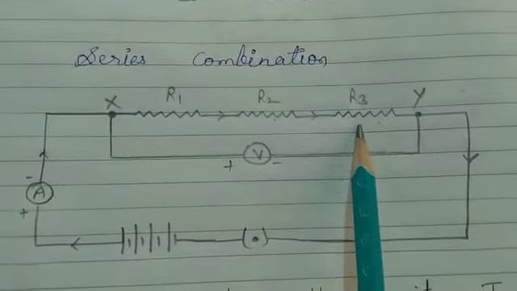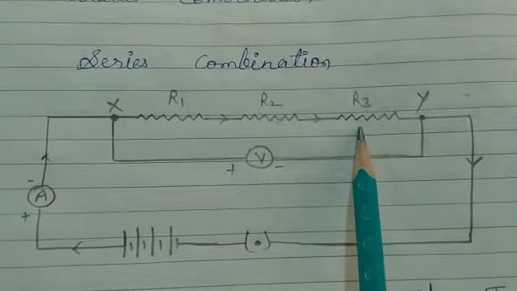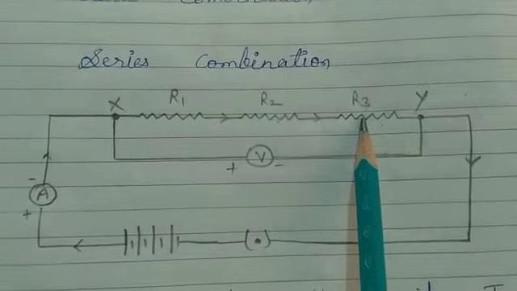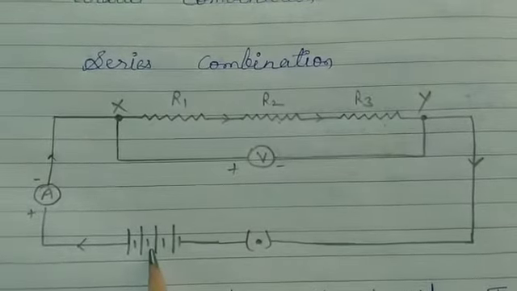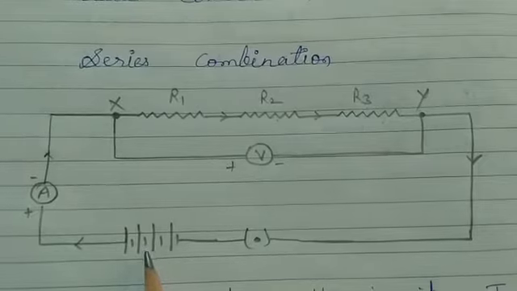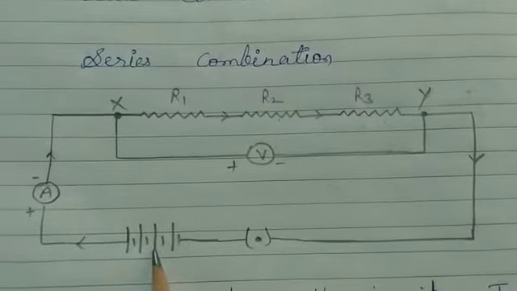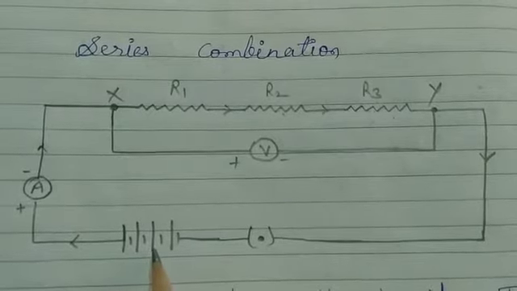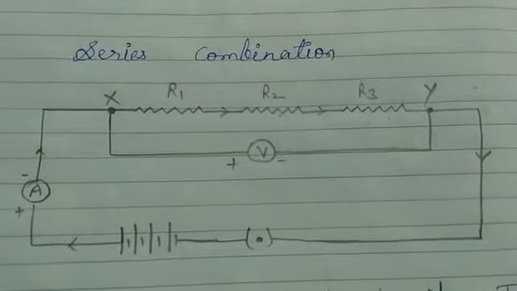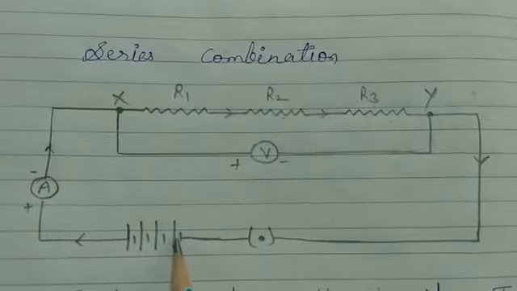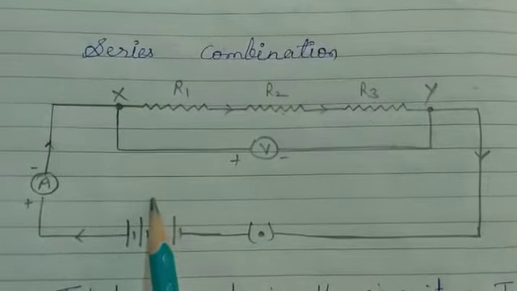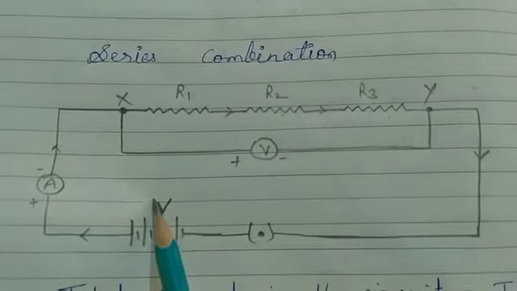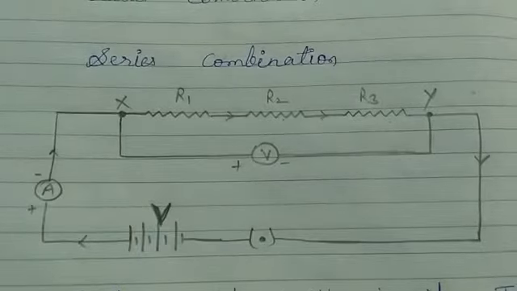Now to find out the total resistance of this series combination, we have to make a circuit first. Here we have our power source, which is a battery, to create the potential difference, and this potential difference we call V. Suppose the potential difference applied by this battery is V. This is the total potential difference of this circuit.